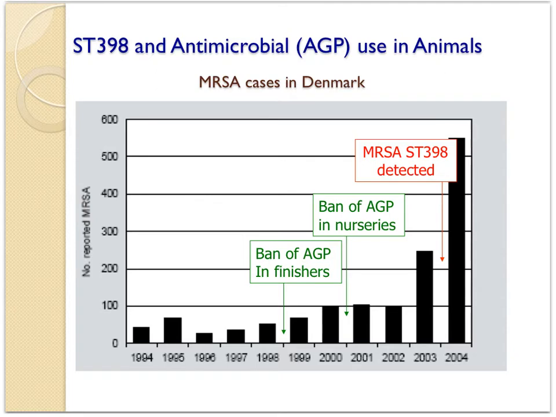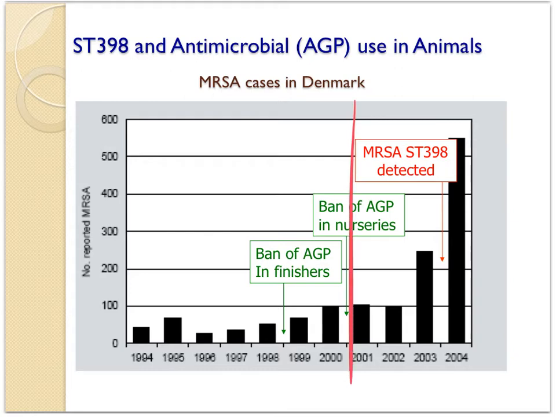One of the questions was also whether ST398 is associated with antimicrobial growth promotant use. This is a nice graph, which I borrowed from Peter Davis a few years ago when we were discussing this issue. As you know, the Europeans started with Denmark's voluntary withdrawal, and in the European Union, to my knowledge, there has been no antimicrobial growth promotant use since 2000.